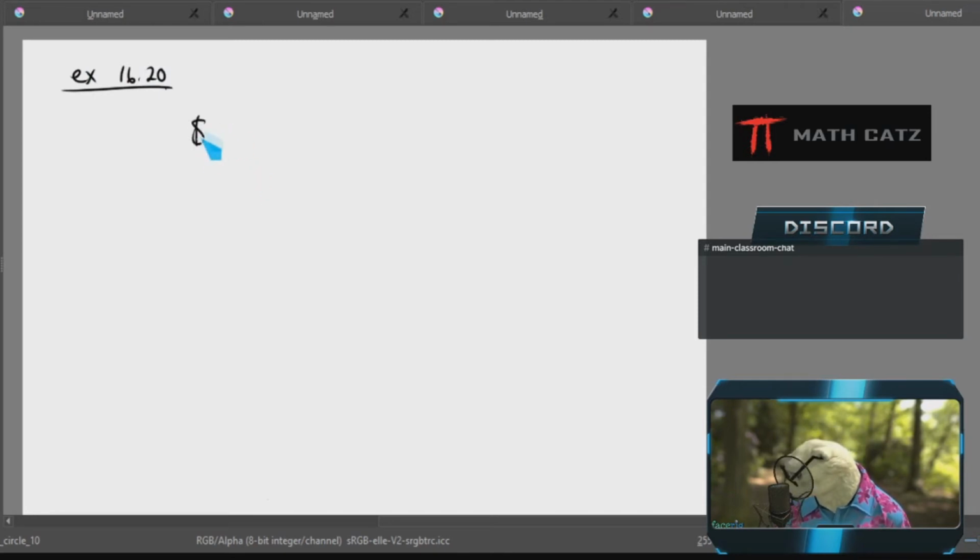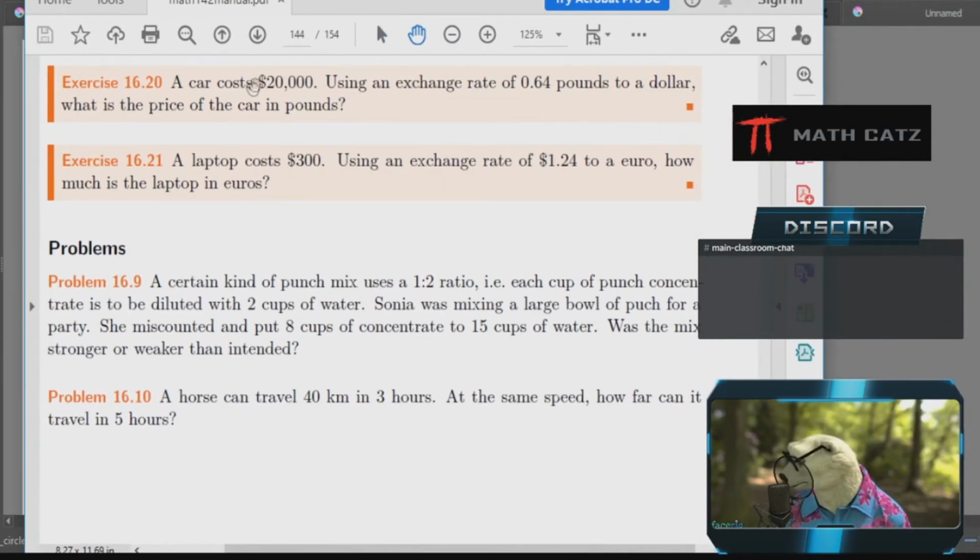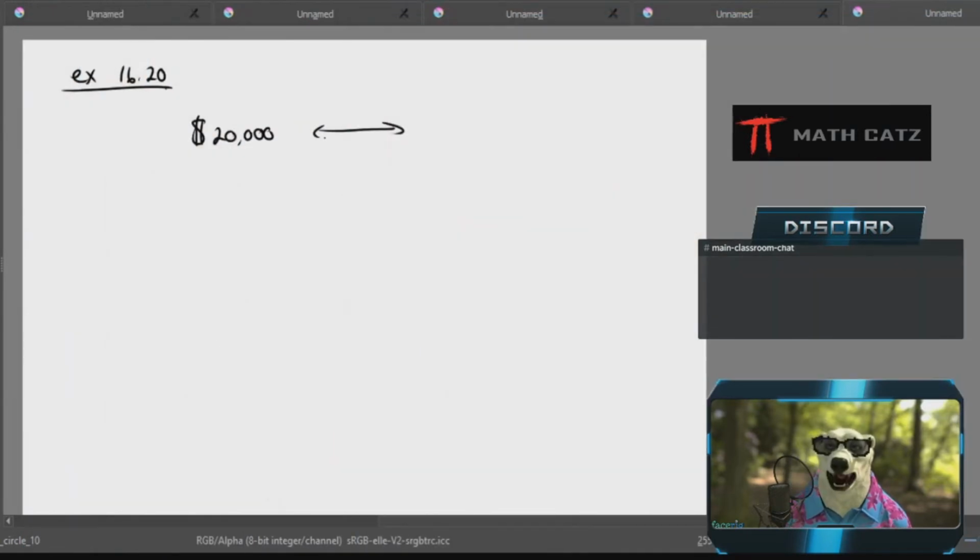So I have a $20,000 car, and that is going to correspond to, I just go with whatever the question says, right? They started with 20,000, so I started to write 20,000. But that's not my reference pair, because I want to know in pounds what is the value of that $20,000.